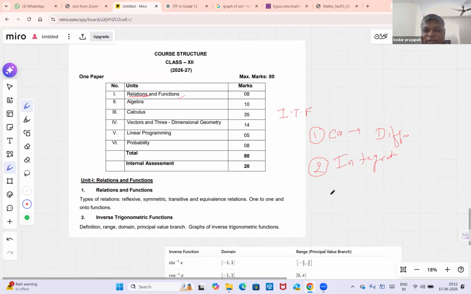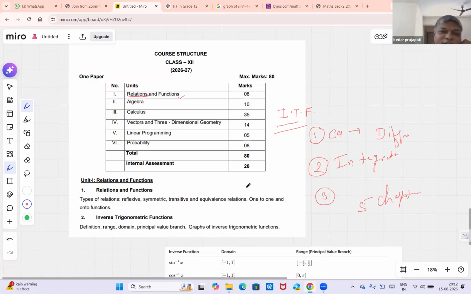This will also help you in application of integration and application of differentiation, right? So if you learn ITF properly, it is going to help you in 5 chapters. Okay. Am I right? Yes.